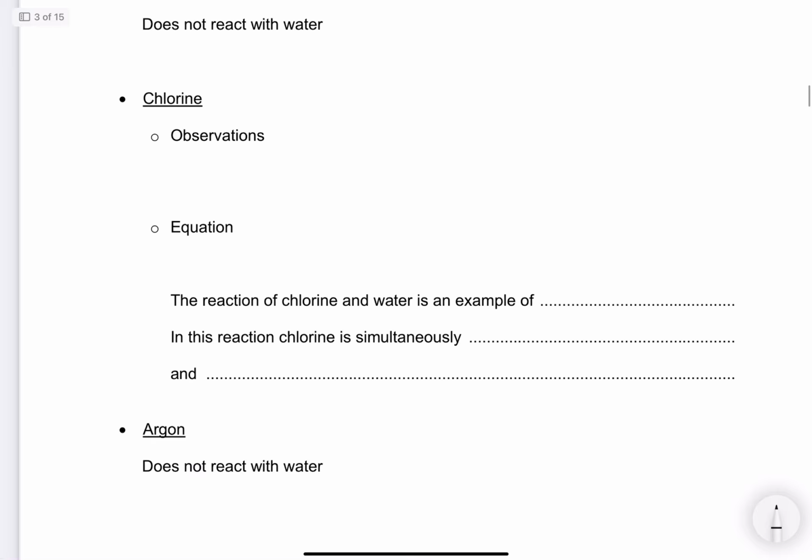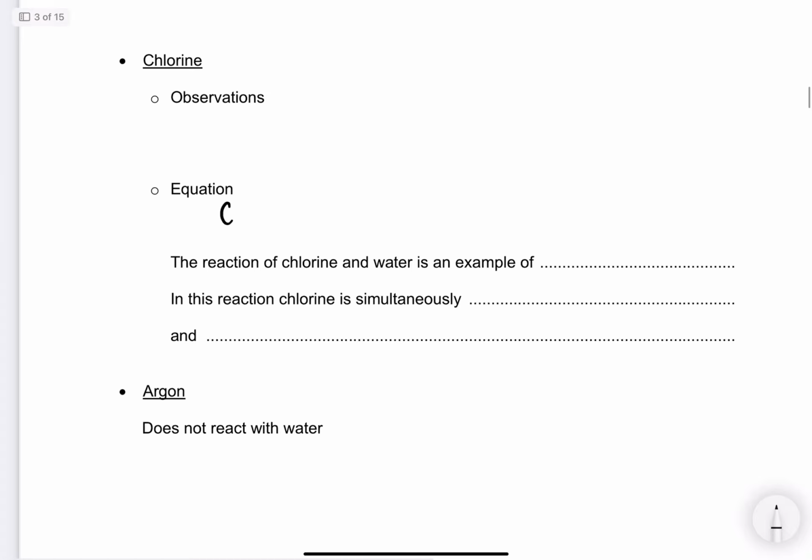And the last one we have here is chlorine reacting with water. And again, this is one from the first year. If chlorine reacts with water, we get HClO and HCl.